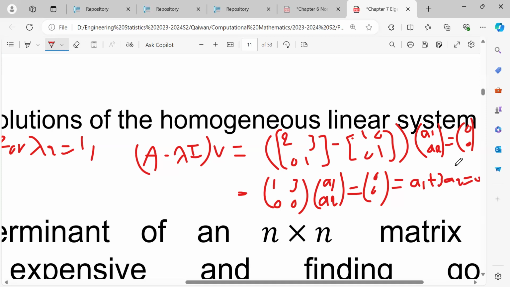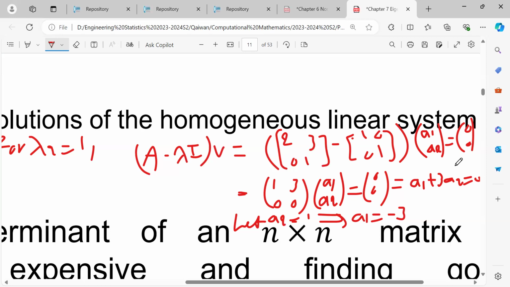Let's say A2 to be 1, maybe someone else chooses A2 to be 5, 2, 8, or any value. Let A2 be 1. So how about A1? A1 is minus 3.